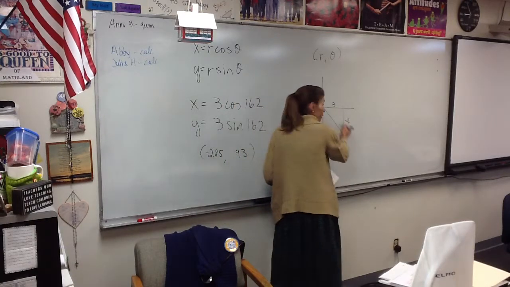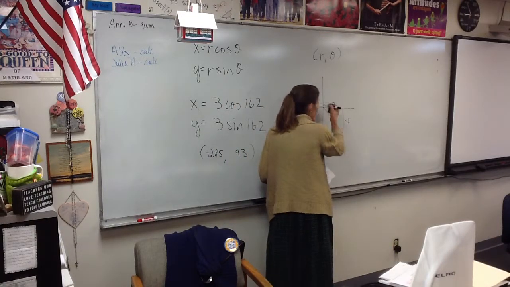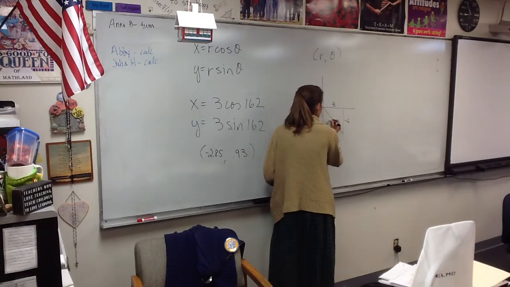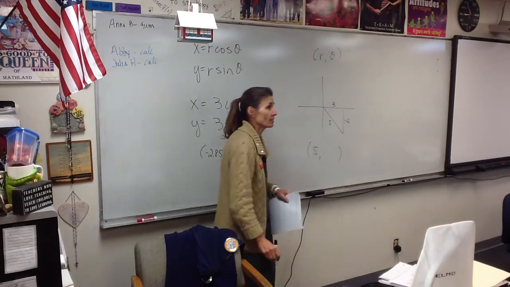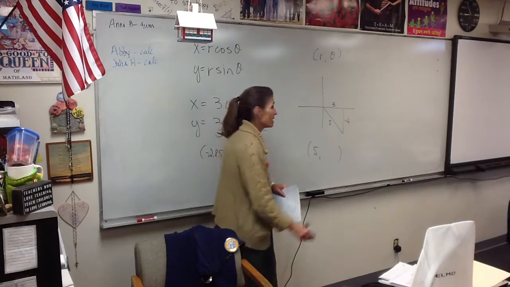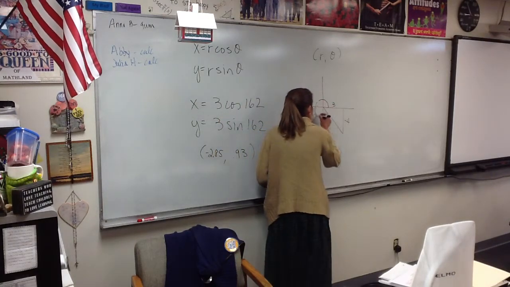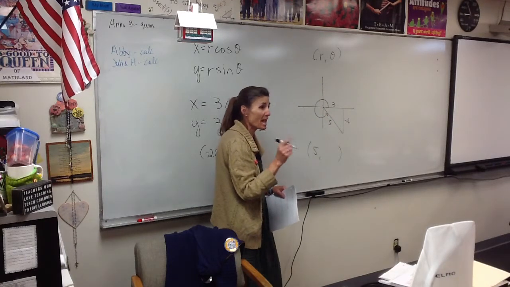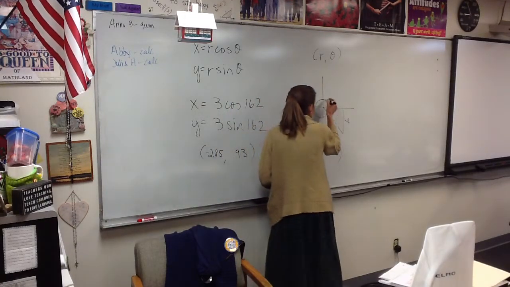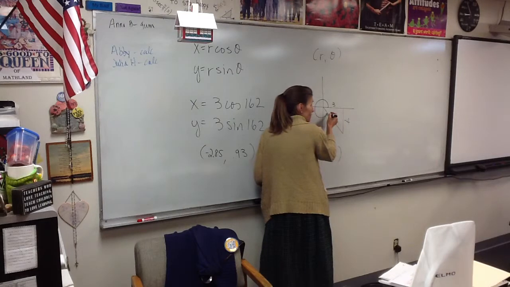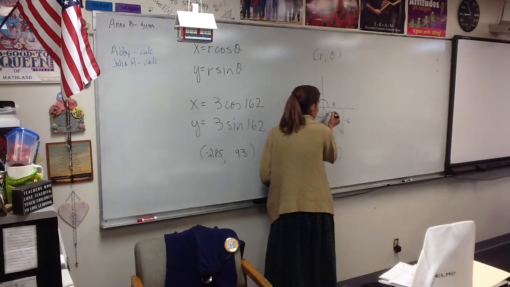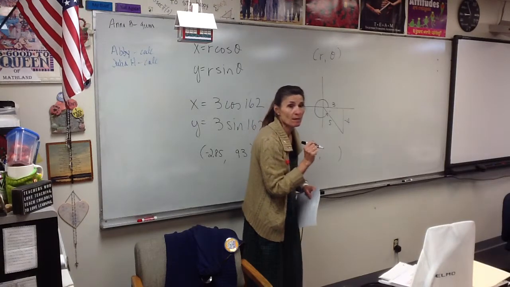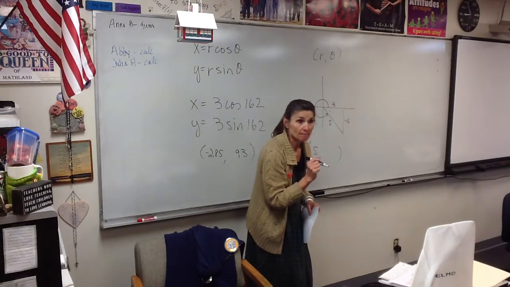This is R. What's R? 5. And we get that doing the Pythagorean Theorem. This is theta. Now that's where we get into trouble sometimes. We forget that we have to start here and go all the way around. So we're going to find this angle first, and then we'll subtract it from 360.